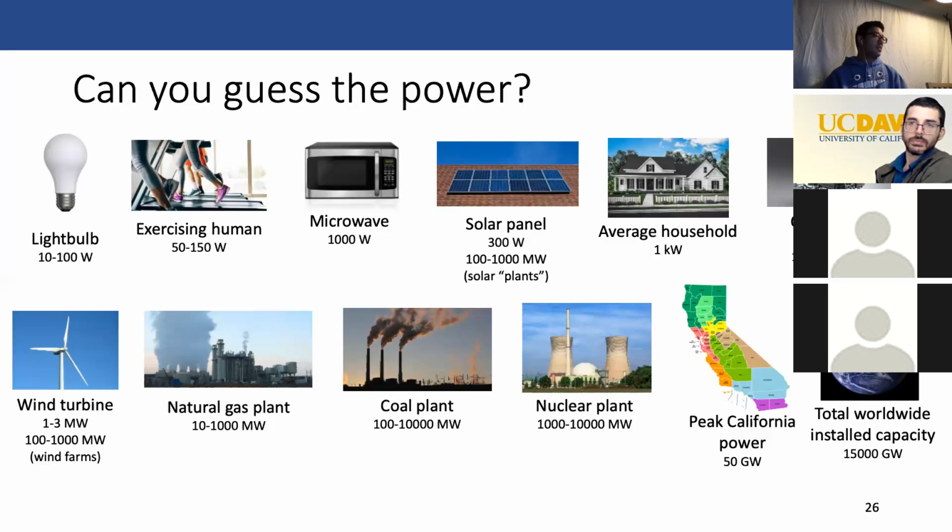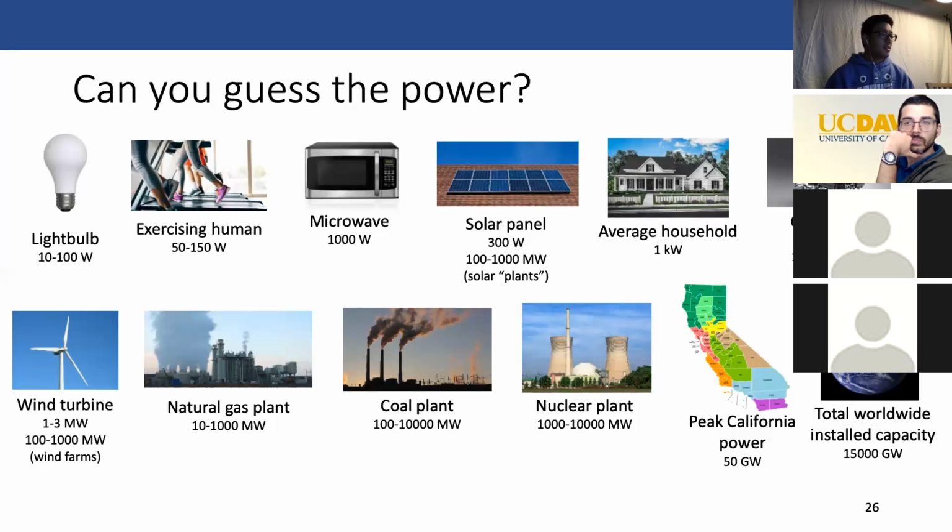Natural gas plants. These are probably the most prolific fossil power plants in the US these days. They produce anywhere between 10 to 1,000 megawatts, and they can be built very quickly and produce quite a bit of power.